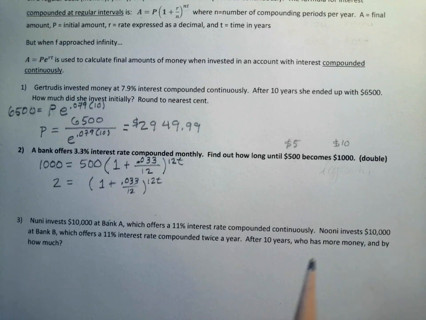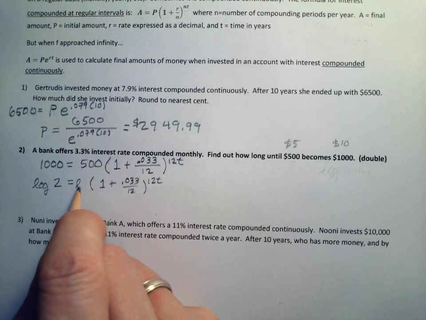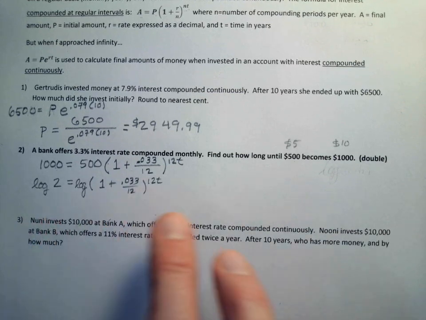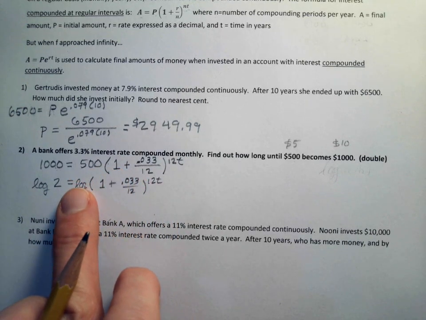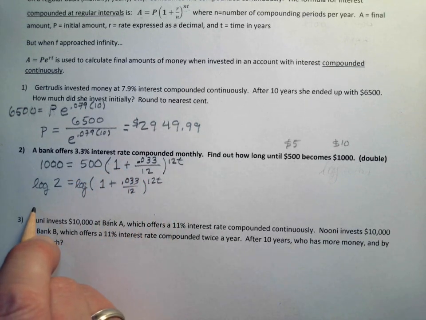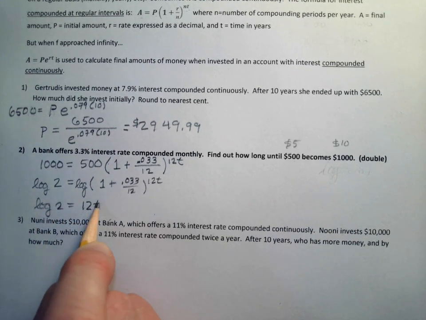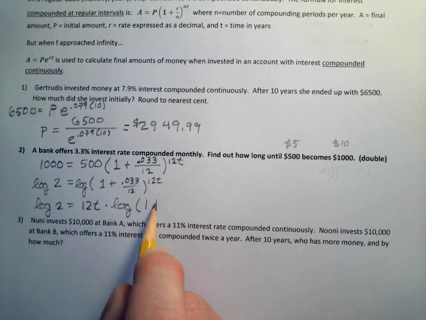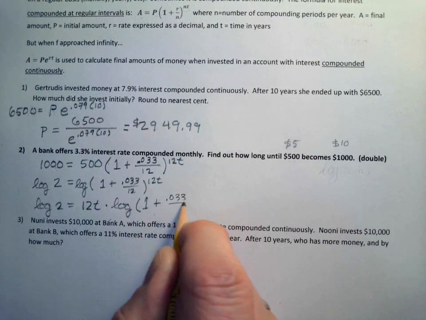Okay, so now what we want to do is take the log of both sides. So I'm going to take log of 2, and I left a little space here, log of all that stuff. Now, normally I skip over this step because I can immediately use my exponent rule, my power rule, to bring that down in front. And so we get log of 2 equals 12t times log, and then this whole thing, 1 plus 0.033 over 12.